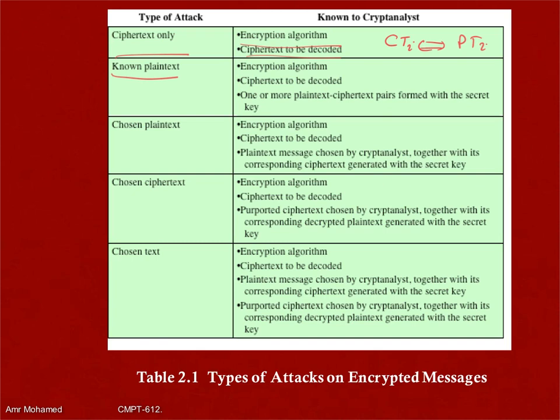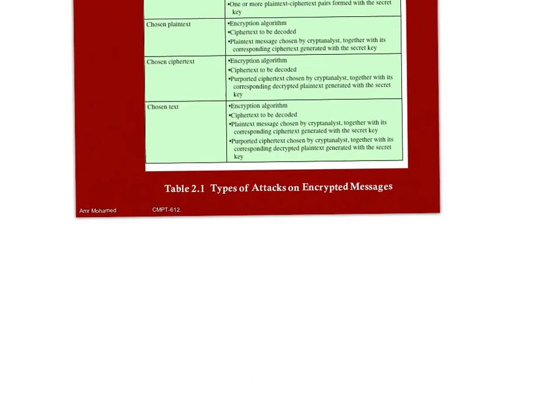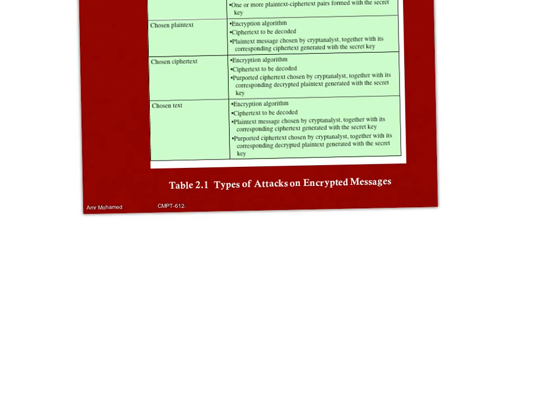There is a chosen plain text. The difference between known plain text and chosen plain text is that the attacker can in fact choose the plain text. Assume that this is the sender, this is the receiver, and this is the attacker.